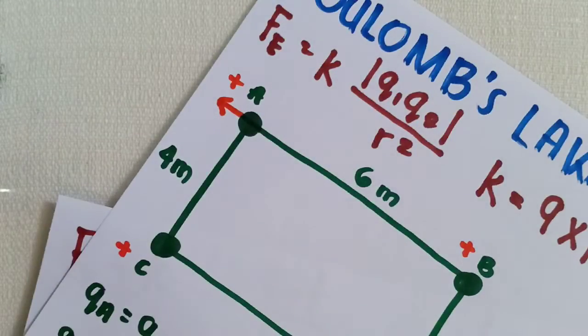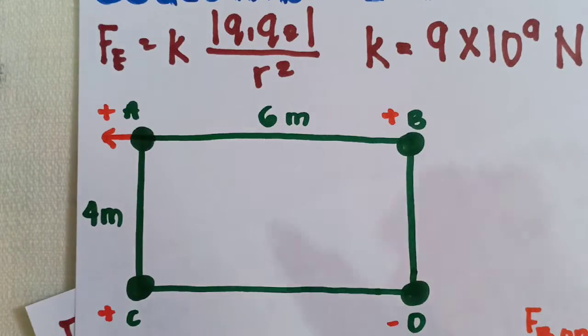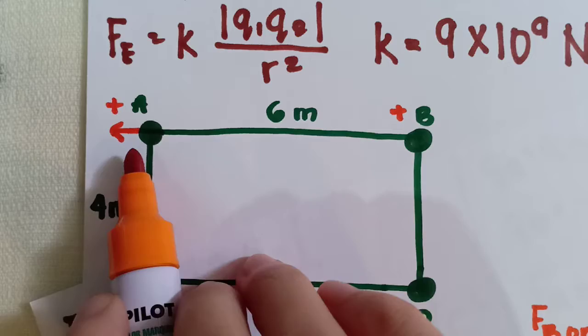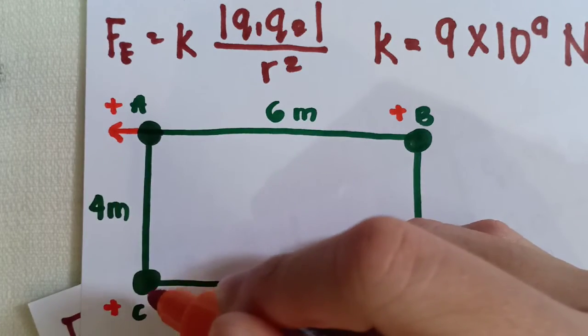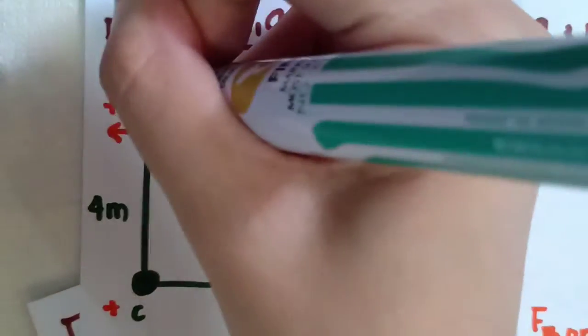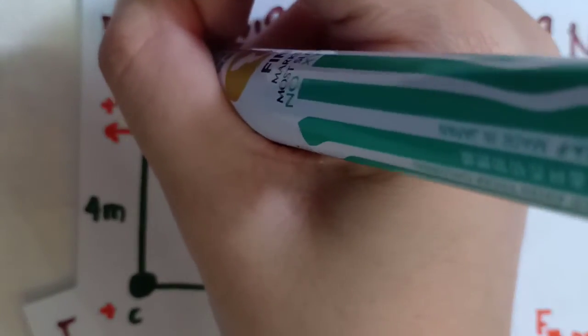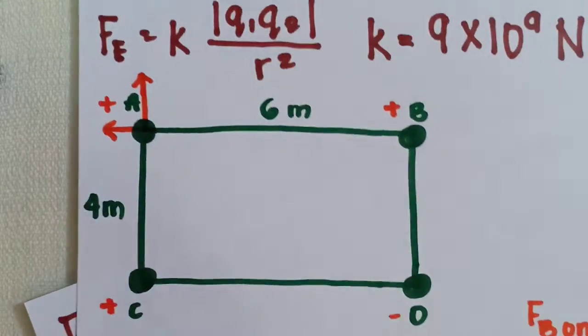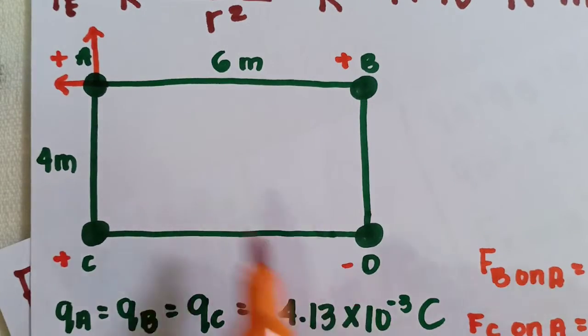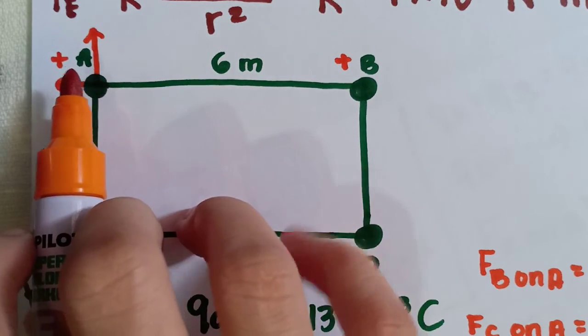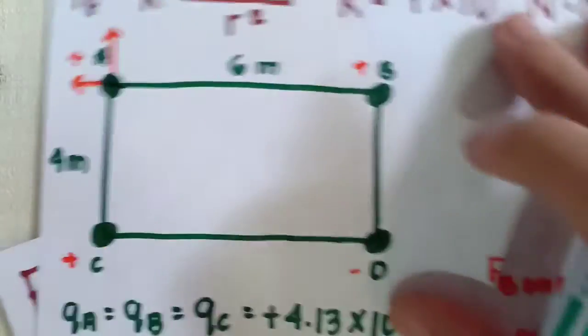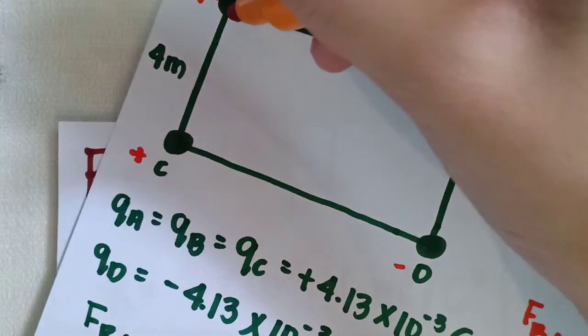Then C, since it is also positive and positive, pushes A upwards. Then D, since it is negative and A is positive, attracts. So D pulls A, slanted toward D.